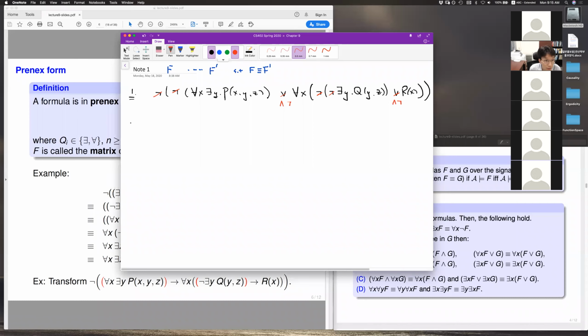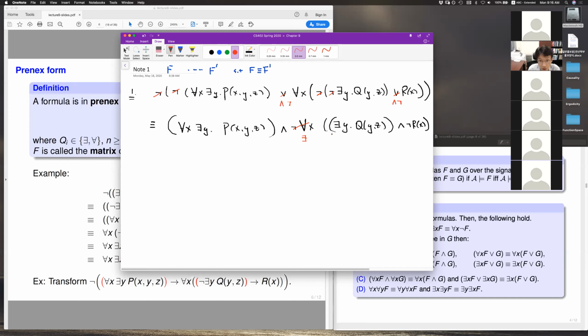So if I write down the simplified formula, that's going to be for all x, this is y, p of x, y, z, and conjunction of negations, exists x, for all y, q of y, z, and negation of r of x. So in parentheses like this, then we move this negation. By moving this, this will become exists x, and we put negation here.